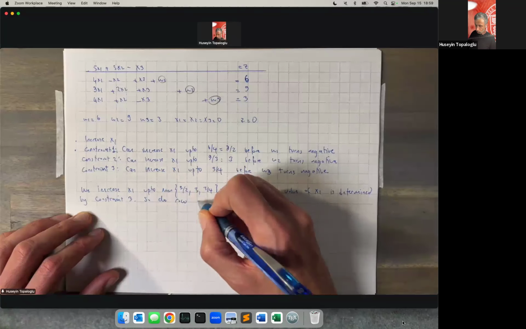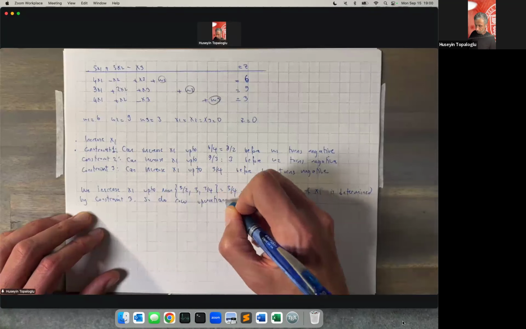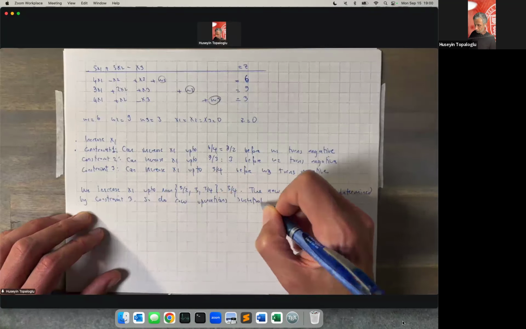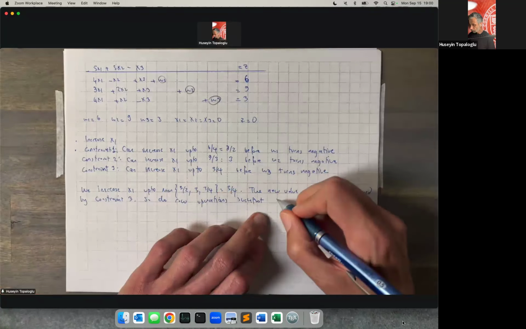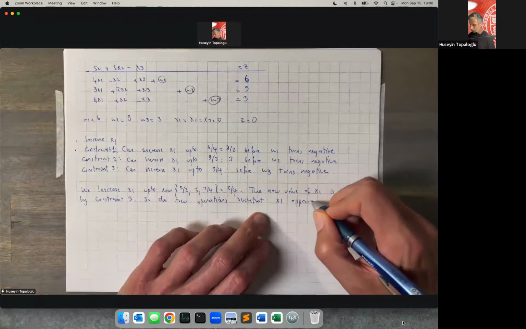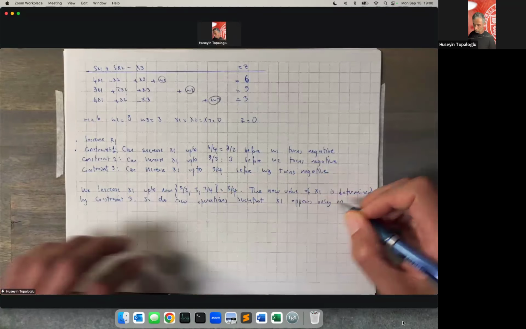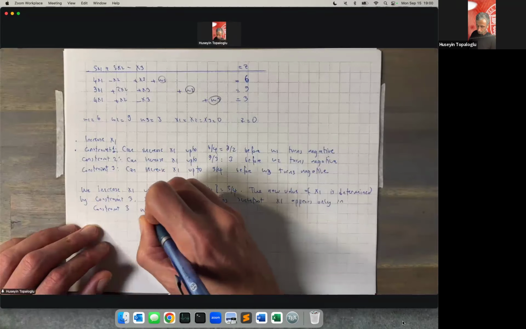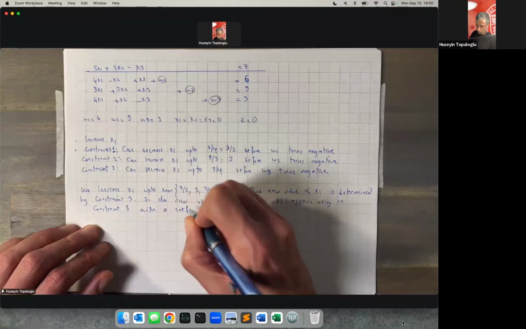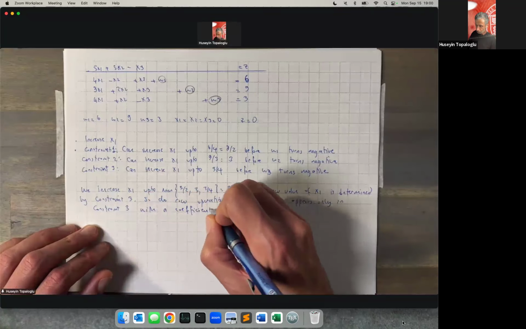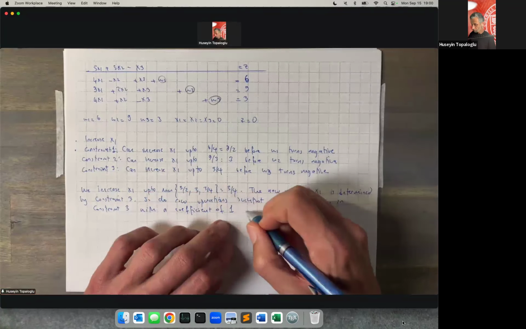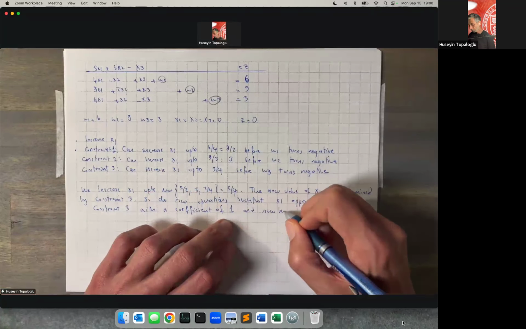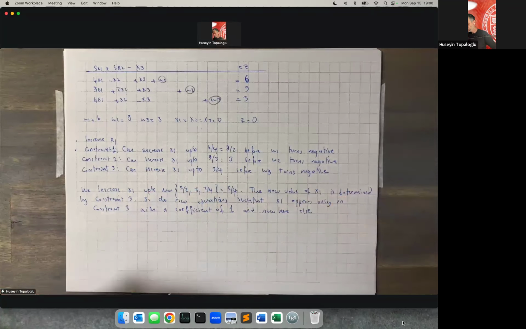So do row operations such that x1 appears only in constraint 3 with a coefficient of 1 and nowhere else. Great.